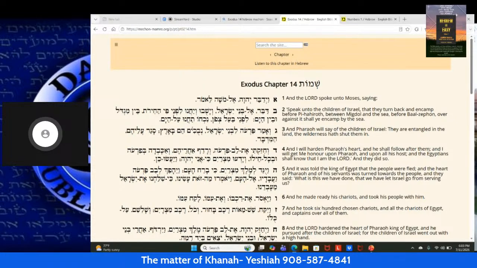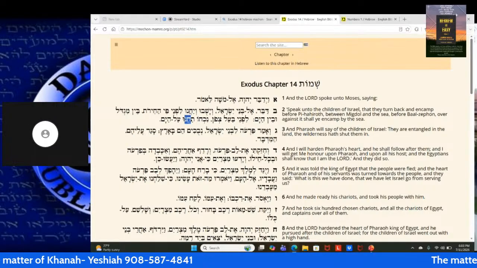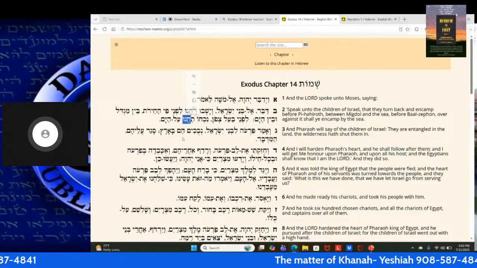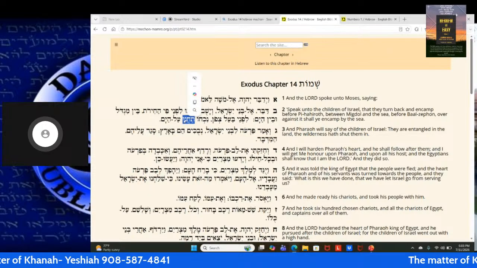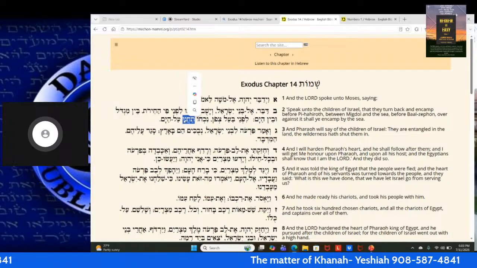Now, we have stated that the word Khanah means to encamp, and the word Khanu by itself means they encamped in the past tense, third person. All right. Now, this word here, Takhanu, we notice that there is a tav before the chet. The chet is the first letter in this particular root word, Khanah.